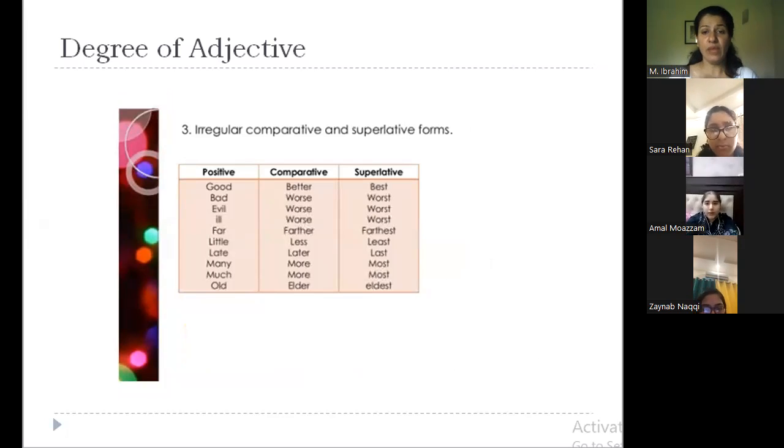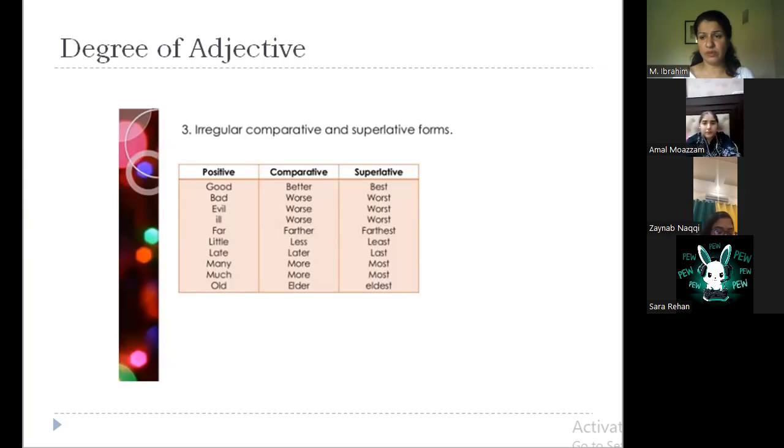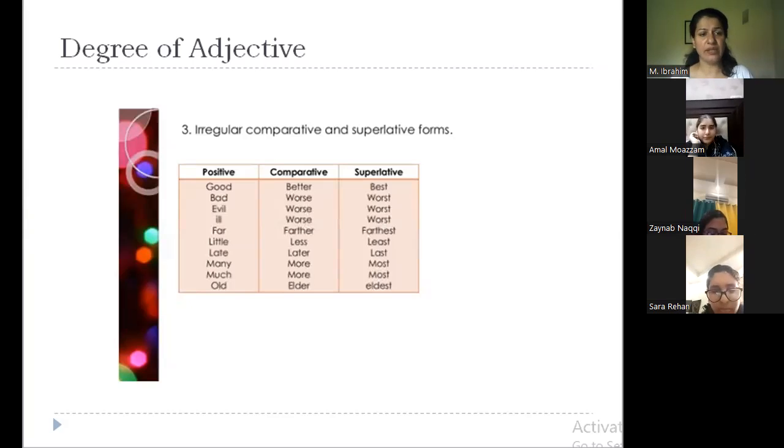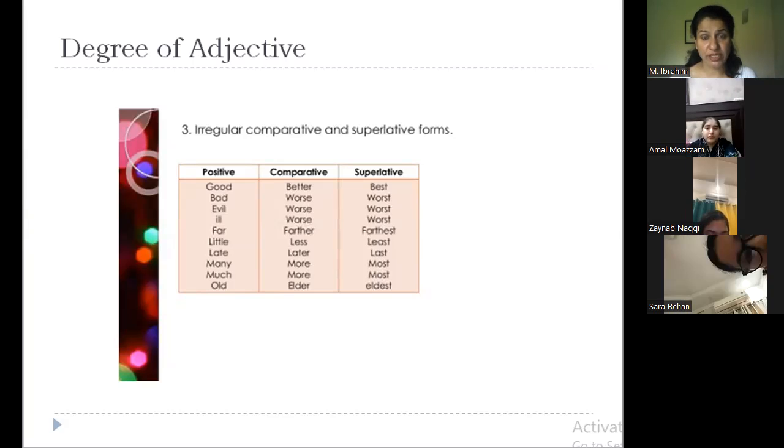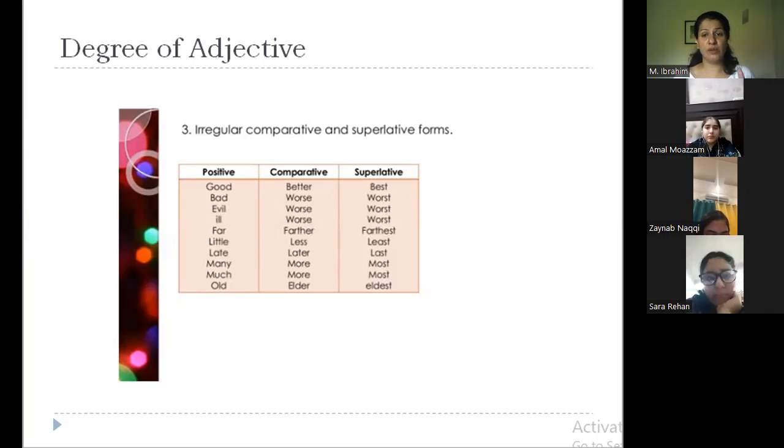Now, irregular comparative and superlative forms. While in the ones that we just did we simply add er or est, more or most, there are certain adjectives which just change their form. They do not change into er or est for their comparative and superlative forms.